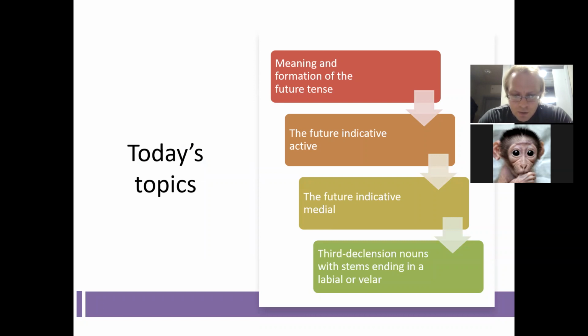In today's lecture, we will concentrate on third declension nouns with stems ending either in a so-called labial consonant or in a velar consonant. What this means we will return to, but first let us begin with the future tense.